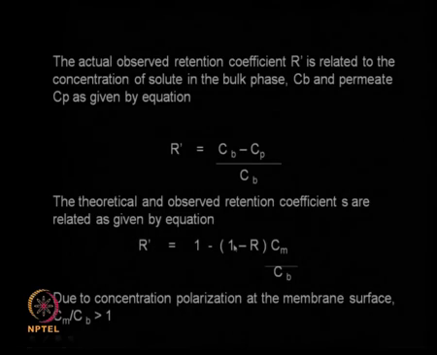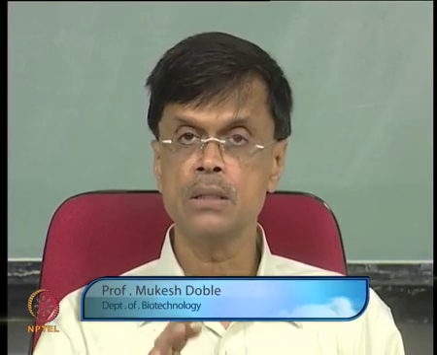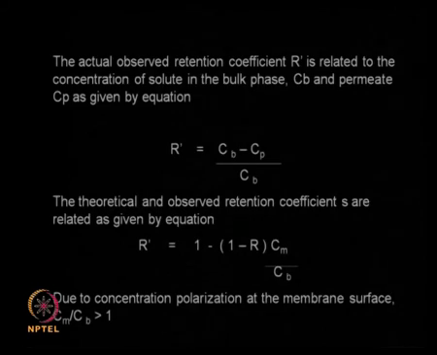R dash will be equal to R, because this will become 1 minus 1 plus R, so 1 and minus 1 will cancel, and R dash will be R. But because Cm is larger than Cb, R dash will be very different from R. So you need to keep that point in mind. Depending upon the concentration polarization, the retention or rejection coefficient actually observed will be very different from the theoretical retention or rejection coefficient.